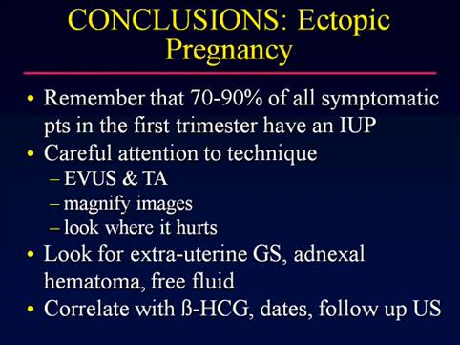In terms of making the diagnosis of an ectopic pregnancy, you need to use both endovaginal imaging and transabdominal imaging. Remember to magnify the images and be particularly careful to look where the patient hurts. In terms of the ultrasound findings that will help you make the diagnosis, look for the extrauterine gestational sac.